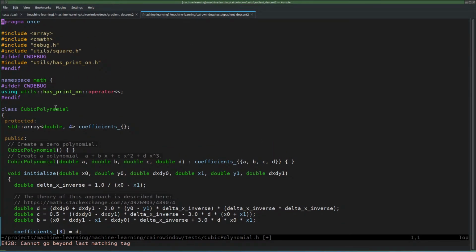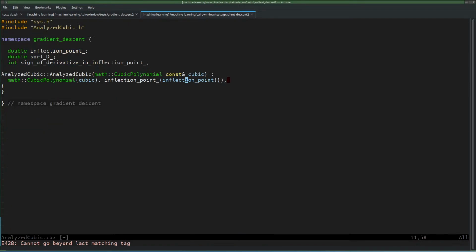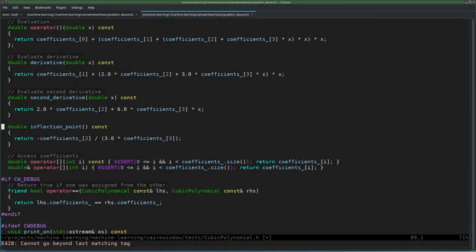So math cubic polynomial is this function.